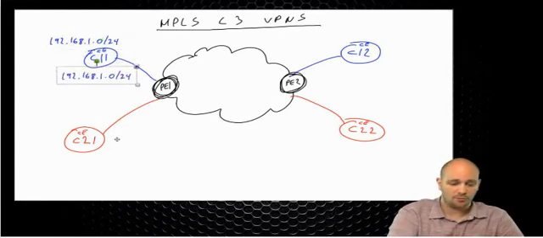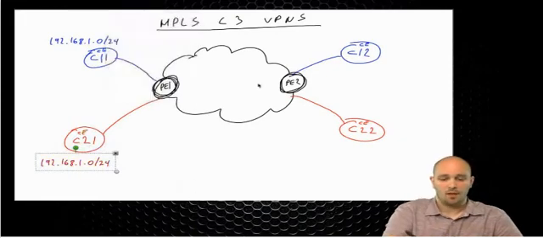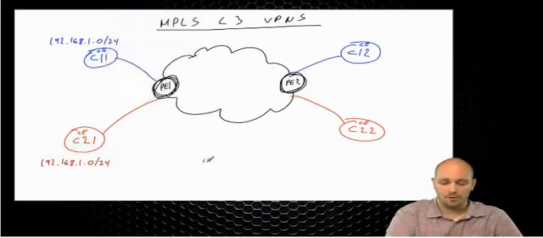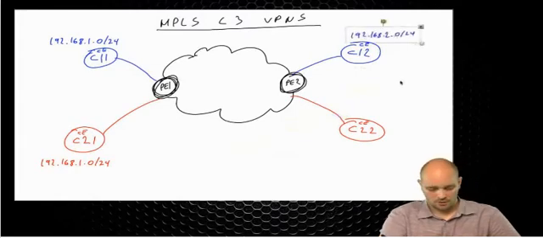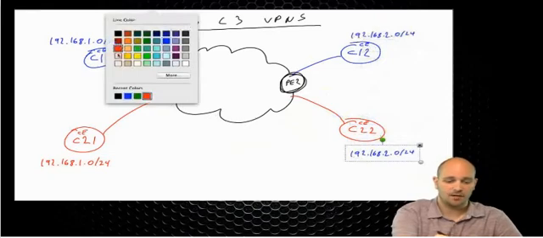On this side here, I will be using 192.168.20.0/24, and this customer here will be using the exact same address space.